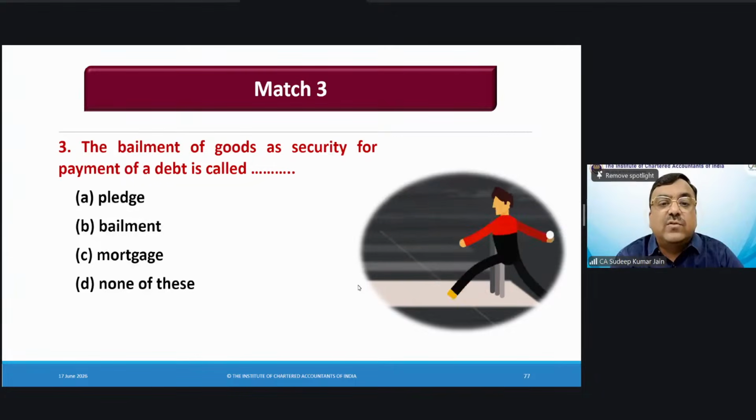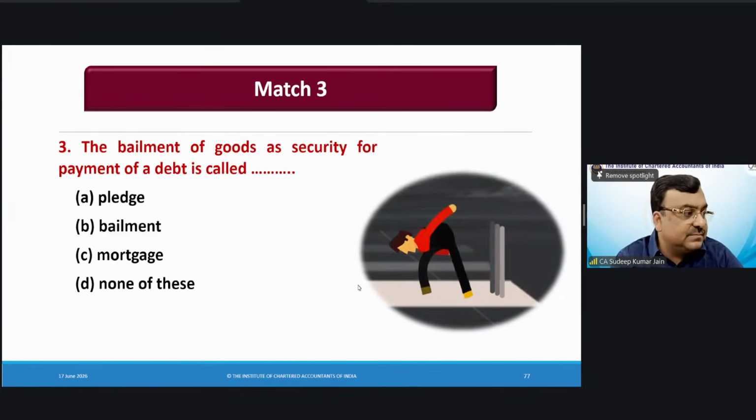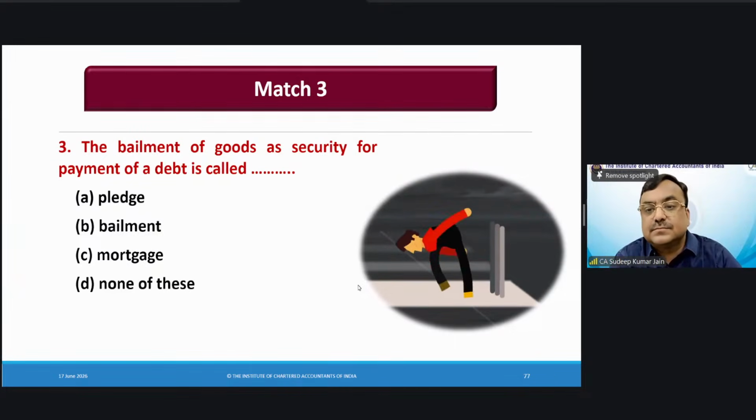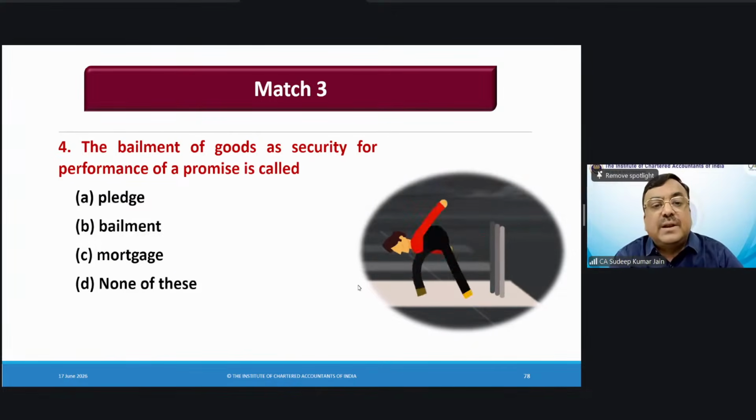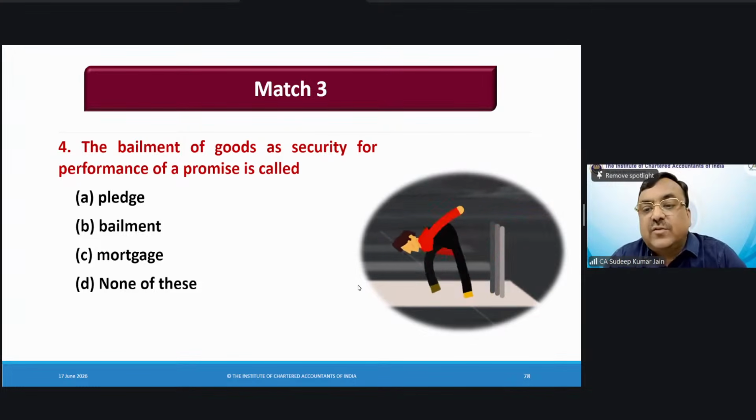The bailment of goods as security for payment of debt is called pledge, bailment, mortgage, none of these. The bailment of goods as security for performance of promise is called pledge, bailment, mortgage, none of these.